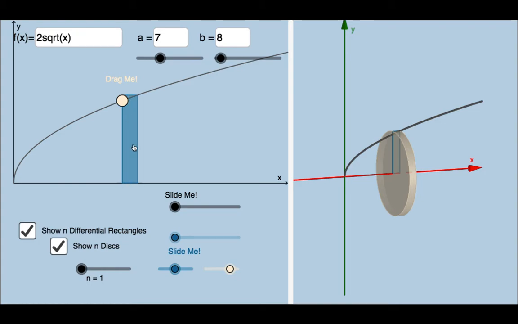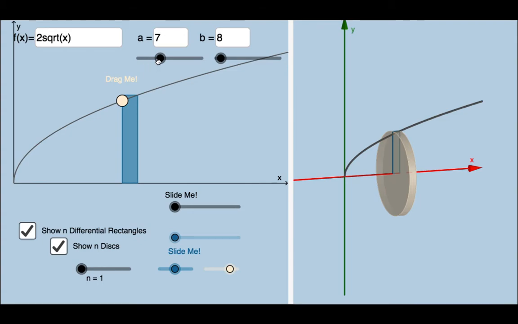So it's this y value, and in this case y is 2 times the square root of x, so this function ends up being the radius. We're going to have pi times the function squared, pi times the radius squared, and then the height is like the thickness of the strip. That's the dx.